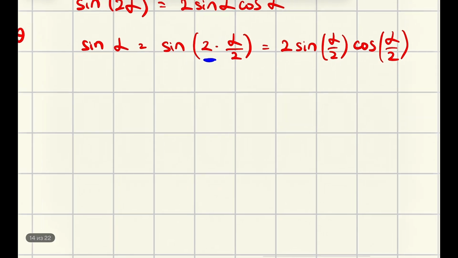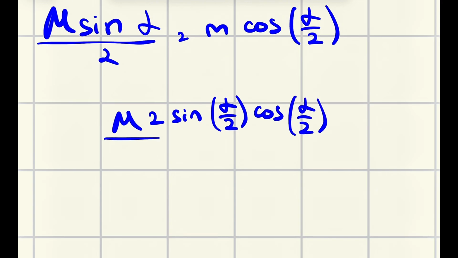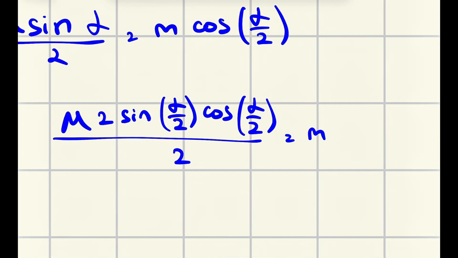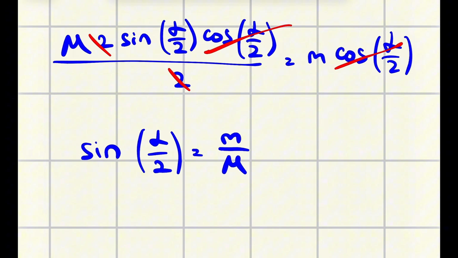And then we open that up, m, then we'll have here double sine alpha divided by 2, cosine alpha divided by 2, also divided by 2 here. Here we have m cosine alpha divided by 2, and then as you can see, 2 and 2 go out, cosine and cosine, and then you can have this answer, which is sine alpha divided by 2 equals m divided by M large, right?